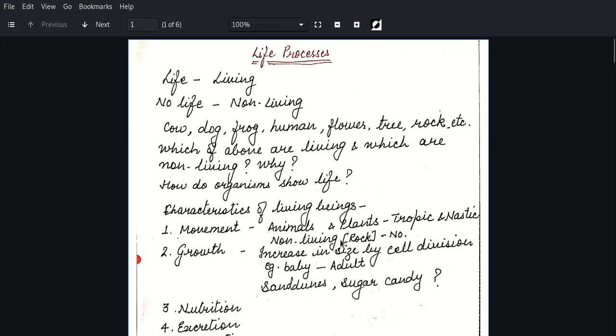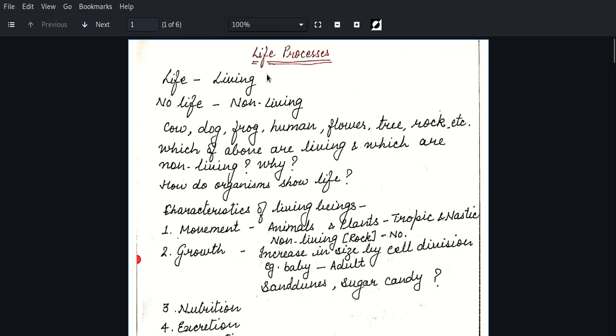But in case of animals, no substance is added externally. It is only and only by cell division. So these two characteristics we can observe and can differentiate living organisms and non-living objects, which says that life means living.